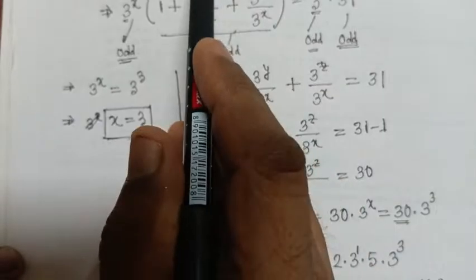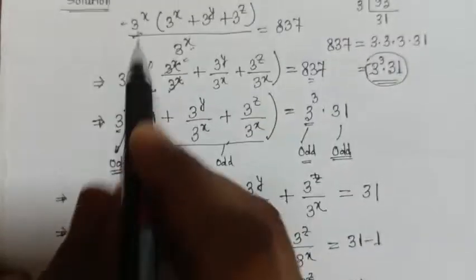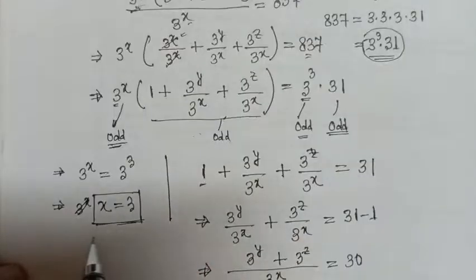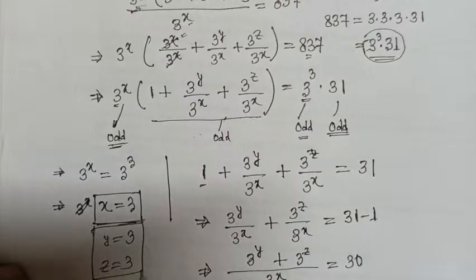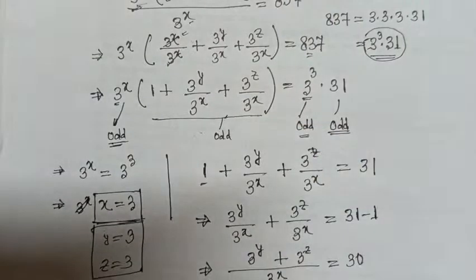If we multiply this by 3 to the power y or 3 to the power z, then we get the value, maybe y is equal to 3 or z is equal to 3. So in that way, if we substitute that value 3 to the power z, then we get z is equal to 3.